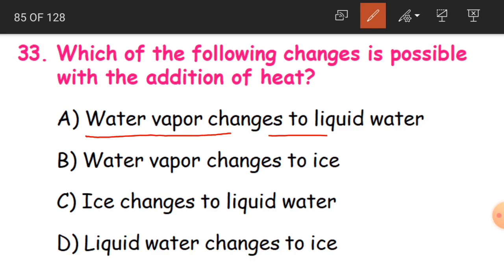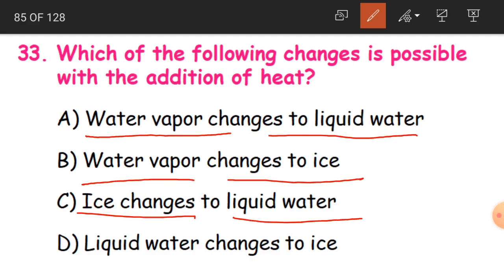Water vapor changes to liquid water, water vapor changes to ice, ice changes to liquid water, or liquid water changes to ice. What happens here, children? Yes, ice is going to change to liquid water.